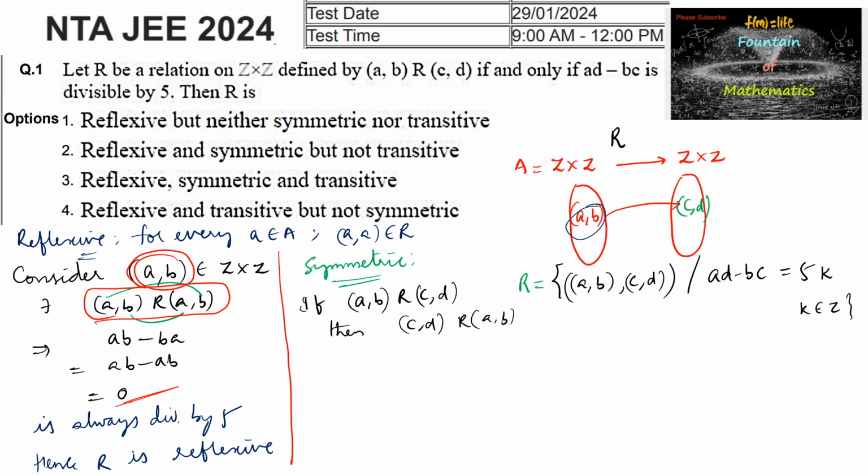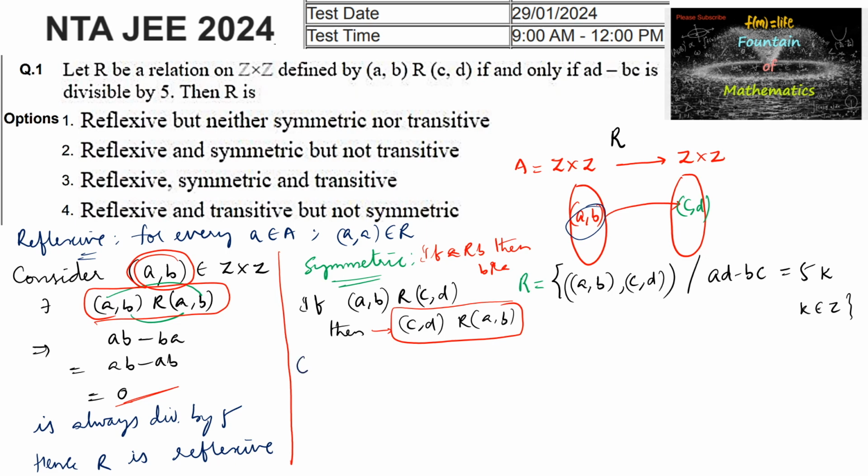Basically the definition is, if a is related to b, then b must be related to a. So here we have to prove that (c,d) must be related to (a,b).